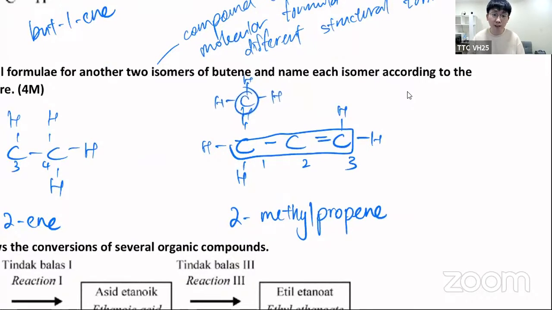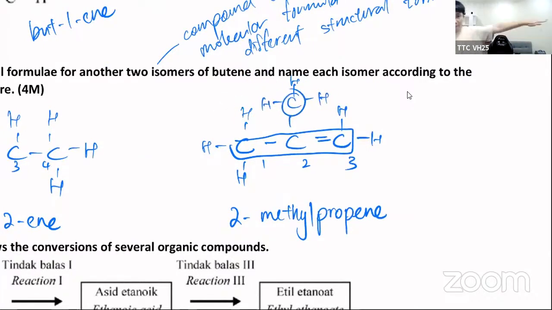It's still a butene. Just like your arm, you can bend up, you can bend down. Is it still an arm? Yes. But if I pluck my arm out, put it here, it's not my arm anymore. Just kidding. So the point is, the branch must be disconnected from the continuous chain. Only then can you call it a branch.